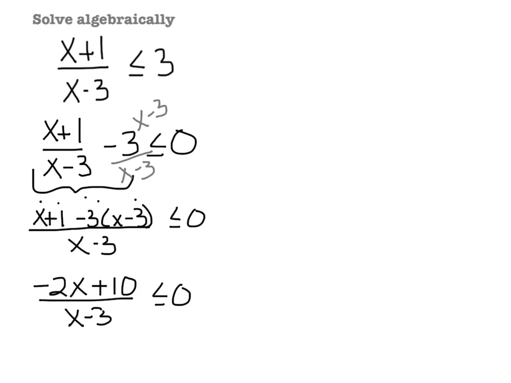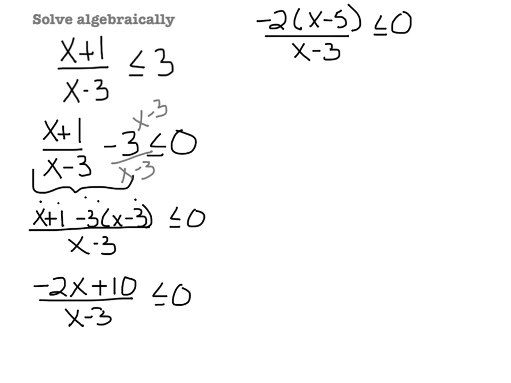And from here, you can actually factor out negative 2. So let's go ahead and write this as -2 times (x - 5) over (x - 3), because that's completely simplified when you factor it. Now what we're going to do is identify our critical x values.